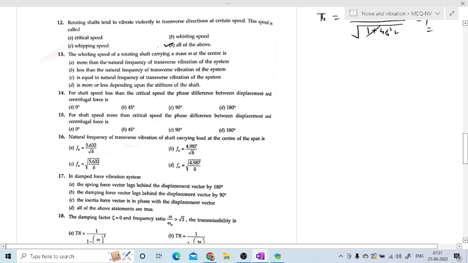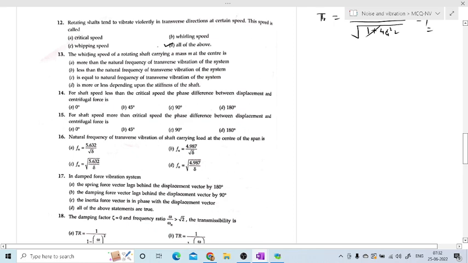Now next, question 13. The whirling speed of a rotating shaft carrying the mass at the center is. Look, the whirling speed, meaning critical speed, of a rotating shaft carrying a mass at the center is. Whirling speed is equal to the natural frequency.